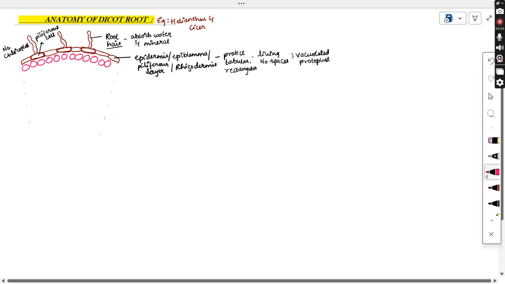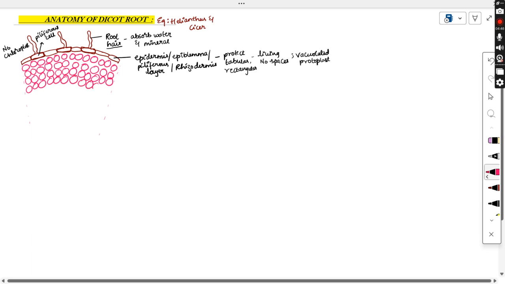The cortex in the root region is divided into three parts. The layer of cells near the epidermis is called the exodermis. Below the exodermis, we have a few layers of cells called the general cortex.